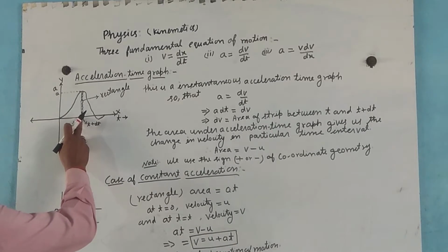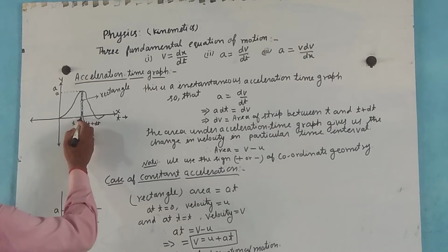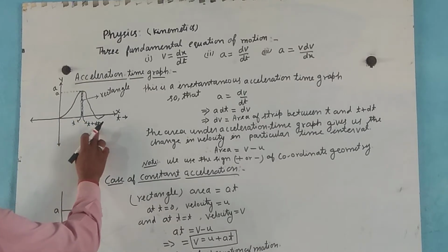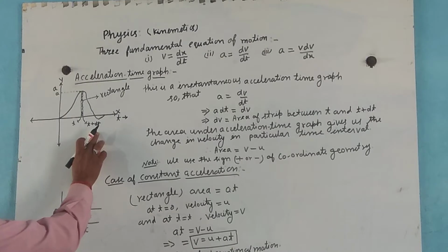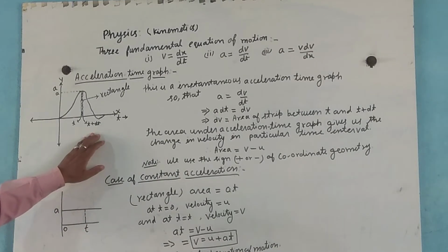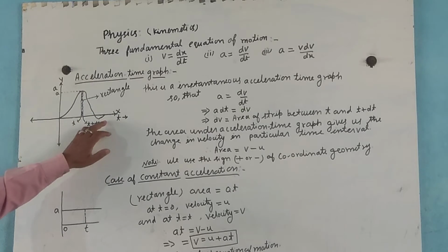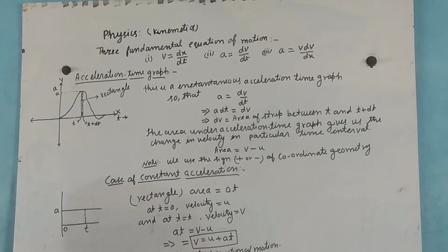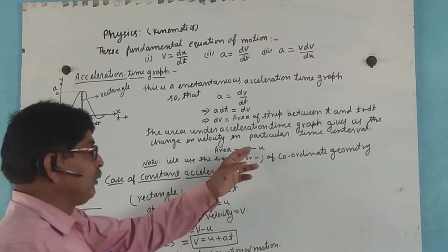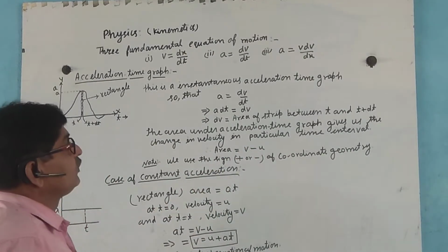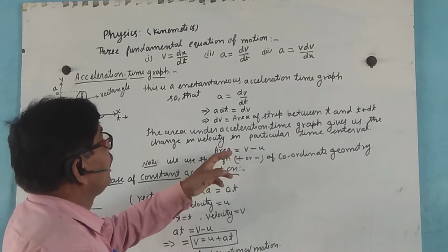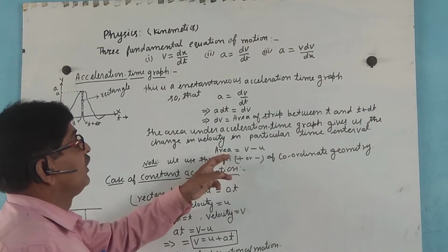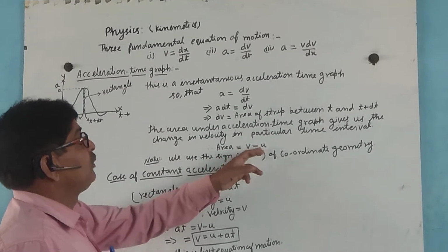Now the area under the acceleration time graph gives us the change in velocity in a particular time interval, so we can write the area equal to v minus u.